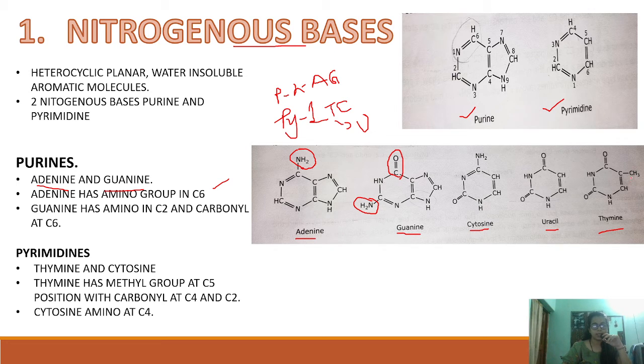You can see CH3, that is the methyl, at the 5' position in case of thymine, and in cytosine the amino group, that is NH2, will be present at the 4th position. Uracil is present mainly in case of RNA. When we deal with the RNA structure, we will be reading about uracil. So these are the structures of the nitrogenous bases which we were dealing with.